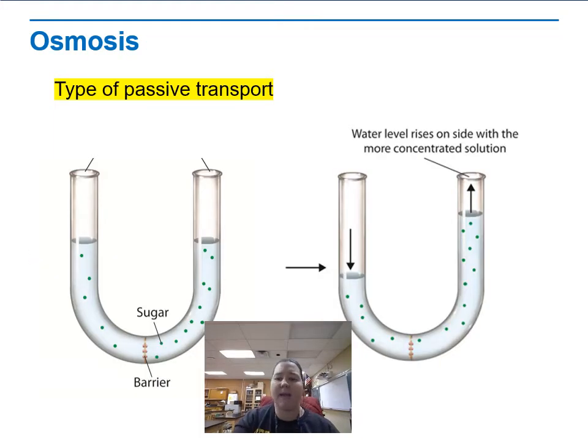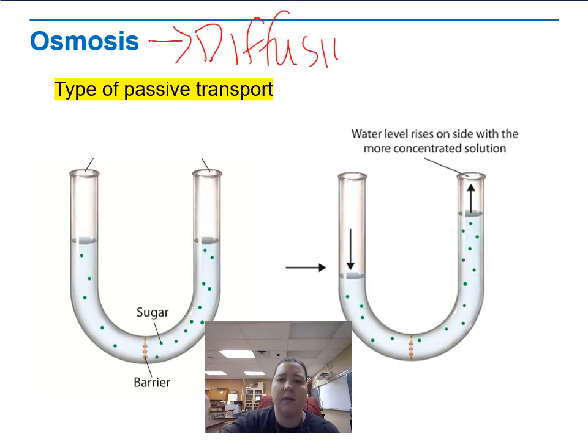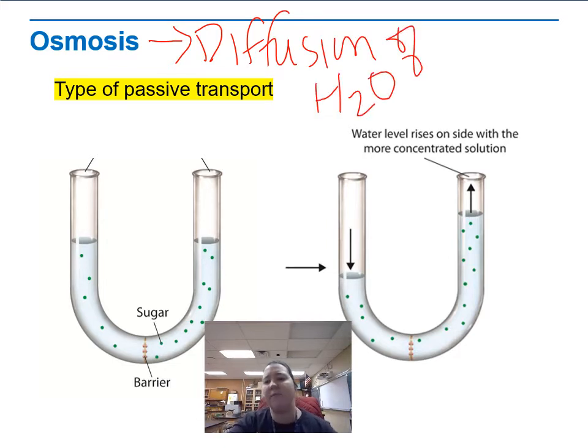Another type of passive transport, and it's really no different, it's just the fact that we give it a special name, is osmosis, which is the diffusion of water. It's just a name for the diffusion of water. In this tube, we started out with sugar molecules and water.